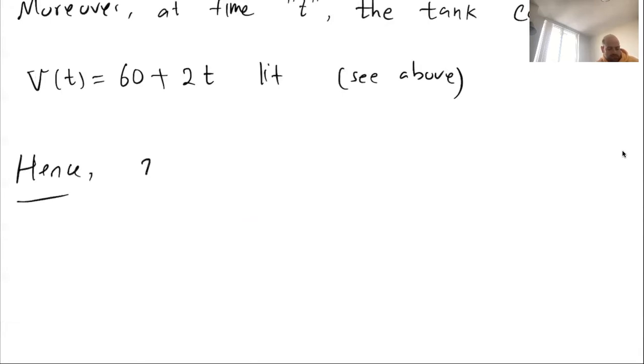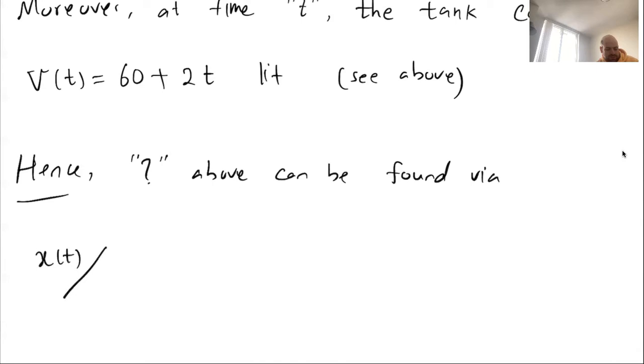So this question mark above can be found via x of t divided by V of t, which is x of t divided by 60 plus 2t.